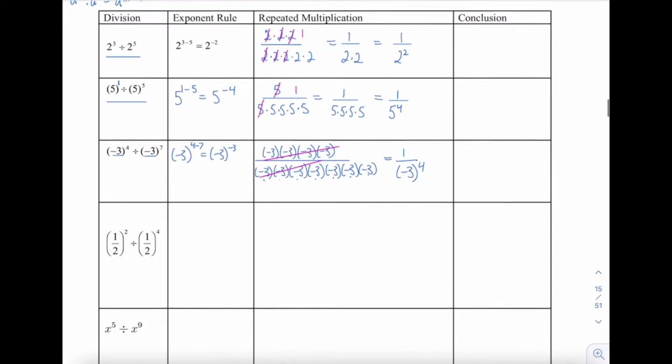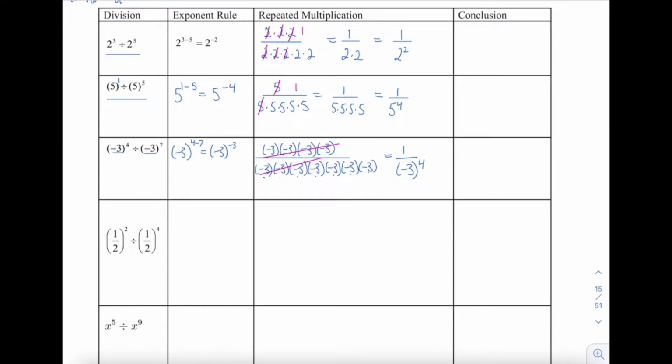Okay, one more, and then we'll make a generalization. So I can also do this with a fractional base. My base here is 1/2. So I can use my exponent rule, 1/2 to the exponent of 2 minus 4. That's 1/2 to the power of negative 2. So this one might look a little bit weird, but fraction bases are still bases.